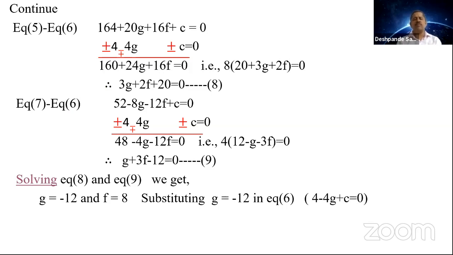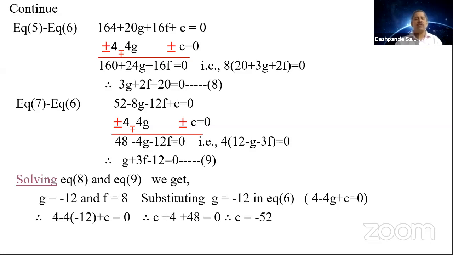So put g is equal to minus 12 here. That is easier to find out. So 4 minus 4 into minus 12 plus c is equal to 0. Simplify this. You get c value as minus 52.